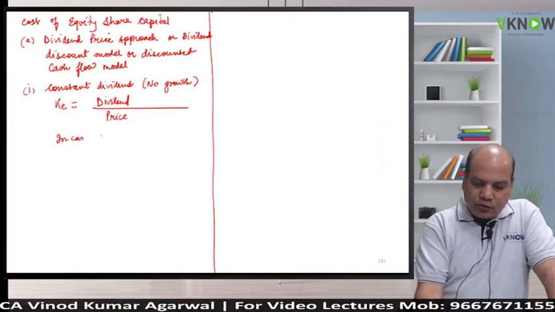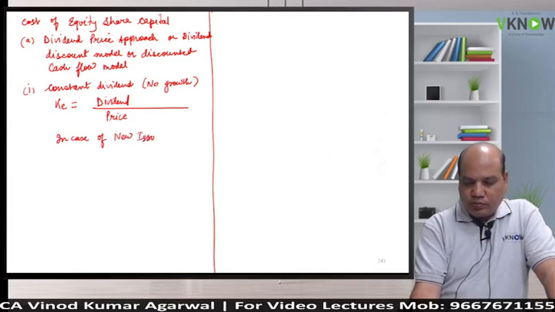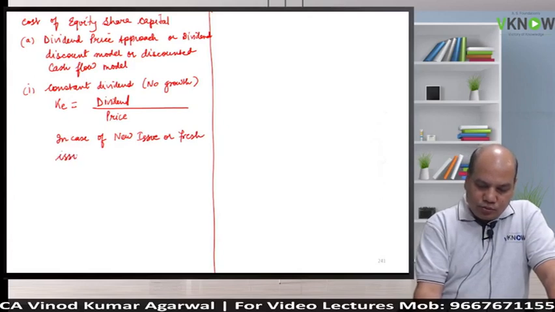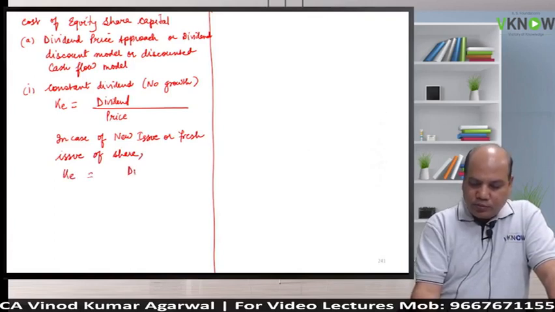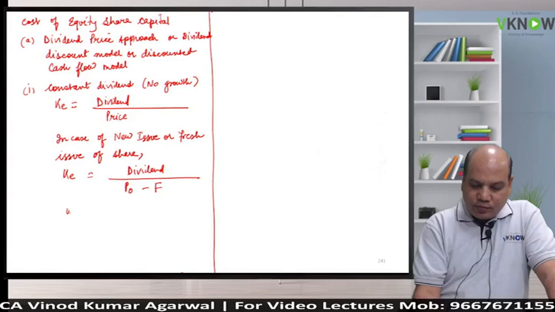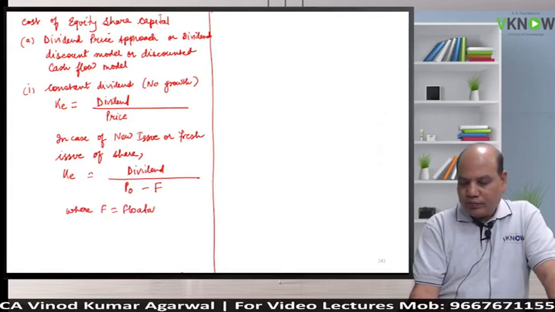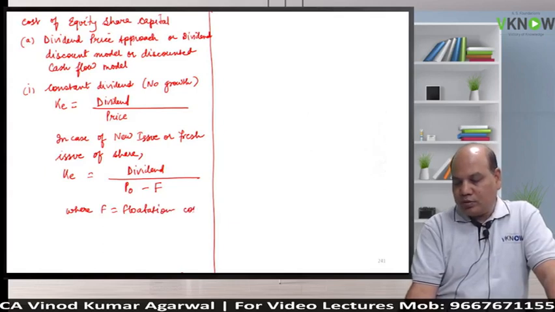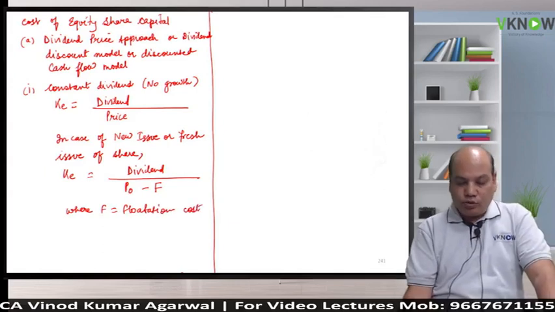Then write down in case of new issue or fresh issue of share, cost of equity will be dividend upon current price minus F, where F is flotation cost in case of new issue.